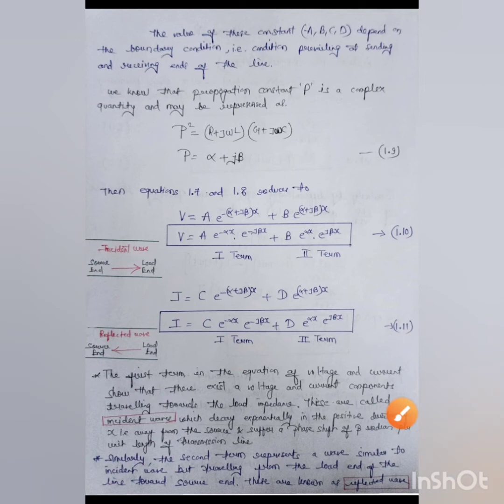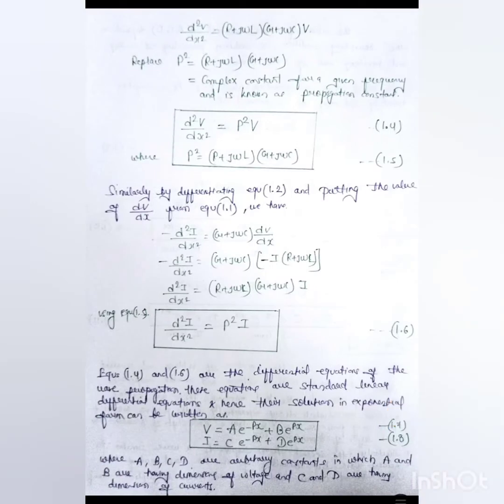Okay, this is our elaboration, and this equation is our differential equation of wave propagation. This equation is nothing but a wave equation, the transmission line equation in terms of voltage and current.